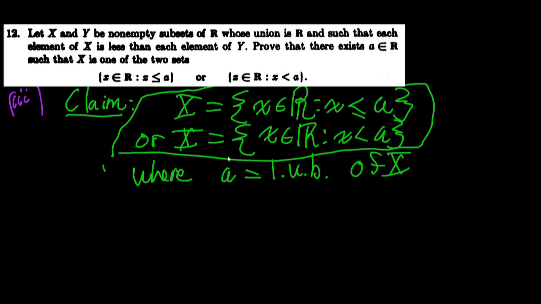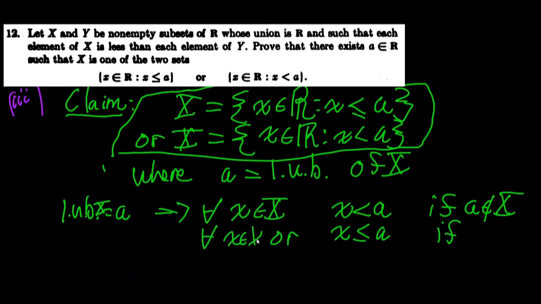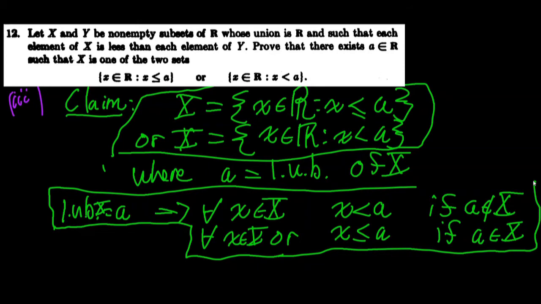We can see where it comes from, because if the least upper bound of X is equal to A, then for all x in X, x is strictly less than A if A is not in X, or x is less than or equal to A if A is in X. So this claim follows nicely from our knowledge of what it means for an element A to be a least upper bound of a set X. I didn't just pull it from thin air. So let's continue.